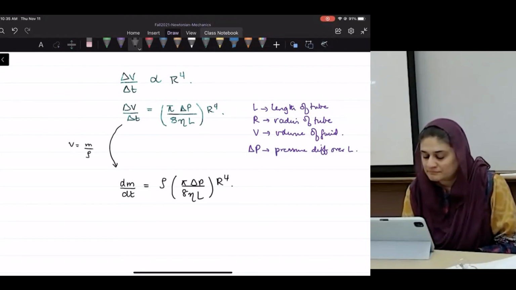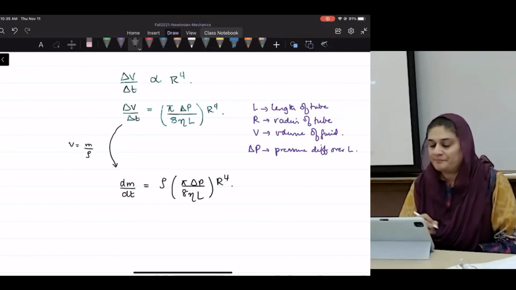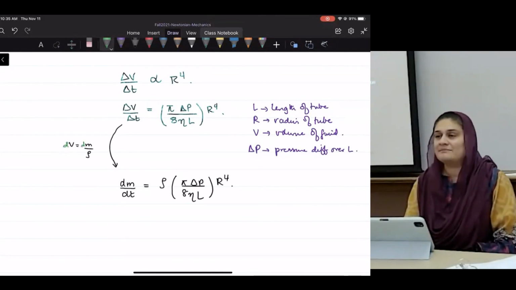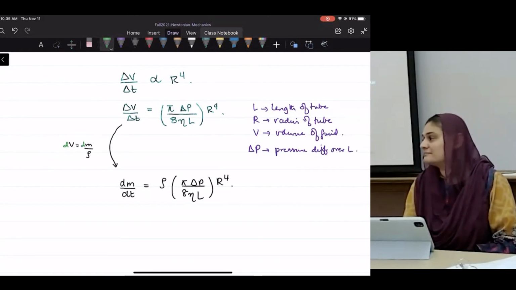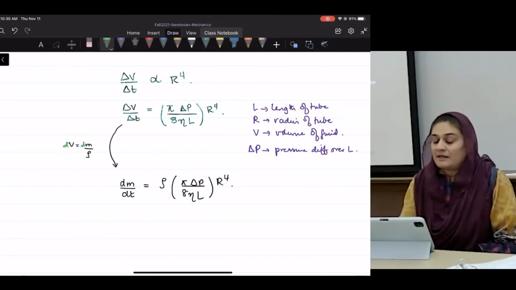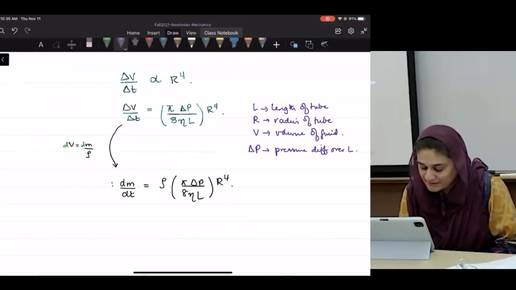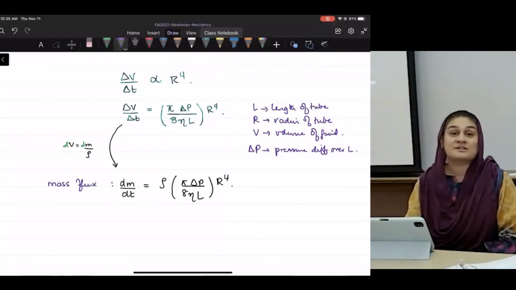Mass over density, so if I have a d and a d, may I replace that? Sure. This is an important term. You'll see it lots of times. So it's called mass flux.